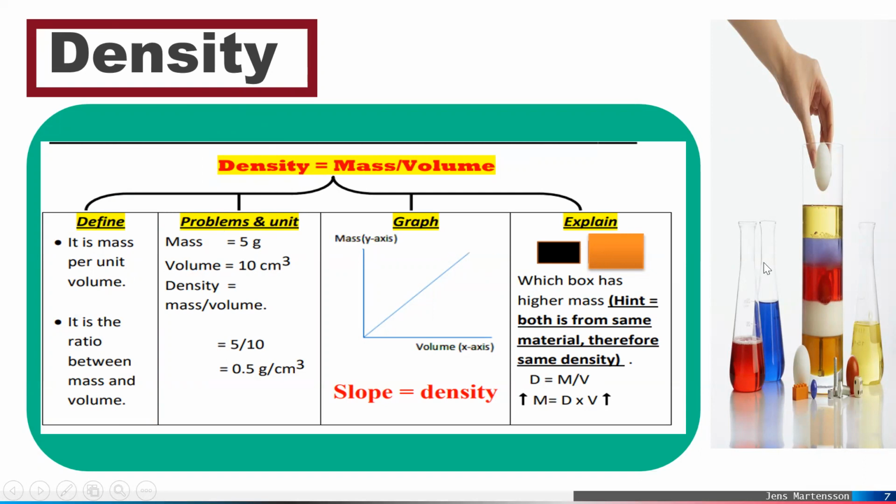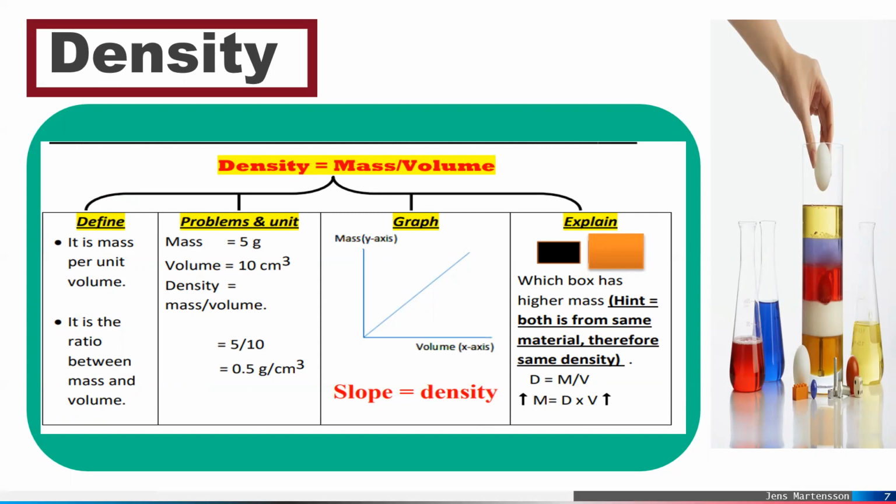If you have two objects, the higher the mass, the greater the density, which means it's the heavier object. If you have a lighter object, it has lower mass, so of course it will have a lower density.